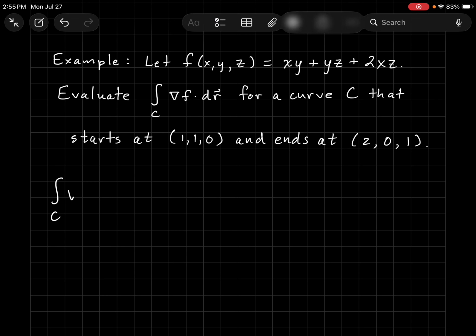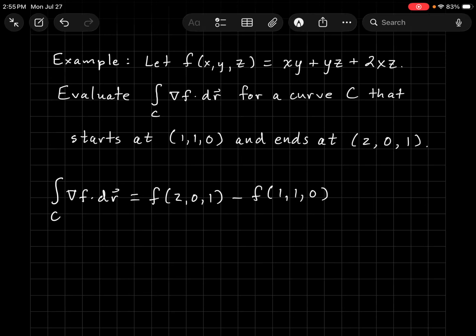So why is this a much easier problem? Well, it's because I know this is simply going to be f at the endpoint, (2, 0, 1), minus f at the starting point, (1, 1, 0), and I already have my function f because it's given in the problem.